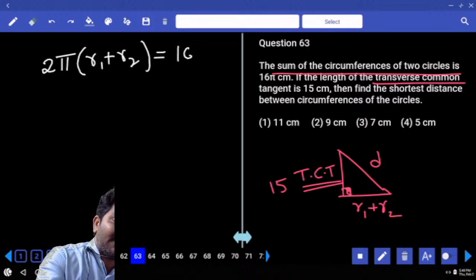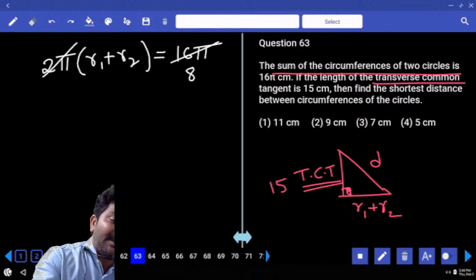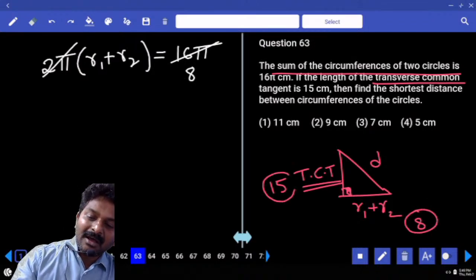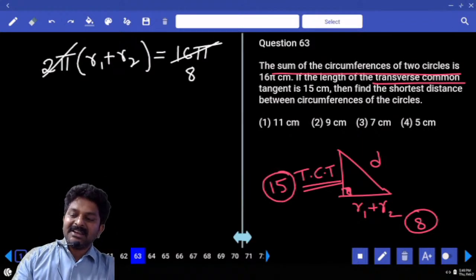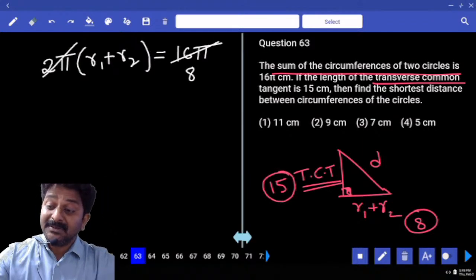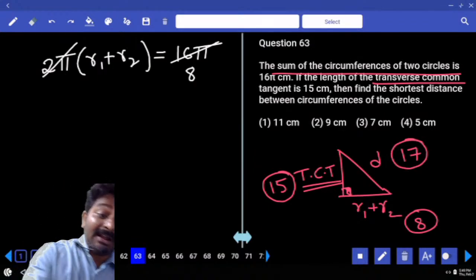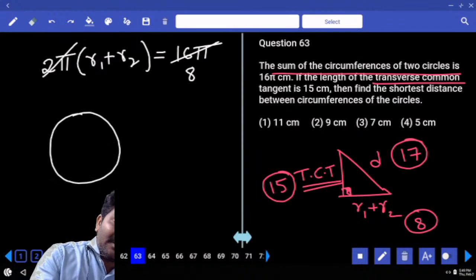If it is equal to 16 pi, 2 pi how many times? 8 times. Then R1 plus R2 is equal to 8. Opposite side 15, adjacent side 8, and hypotenuse becomes 17.